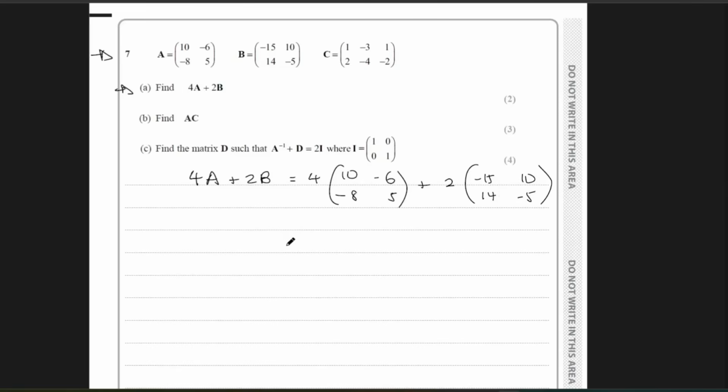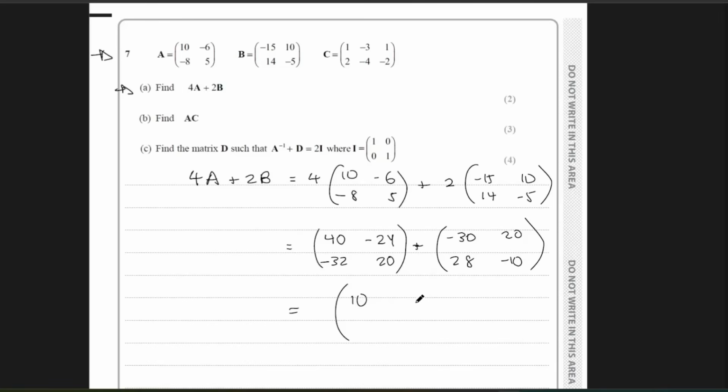So we'll multiply the numbers into the bracket. The first matrix becomes 40, minus 24, minus 32, 20. The second matrix becomes minus 30, 20, 28, and minus 10. And we need to add these two matrices. So the first entry is 40 minus 30, 10.